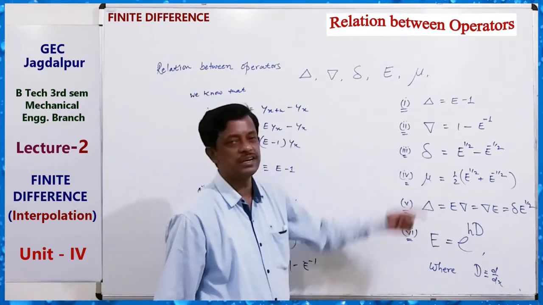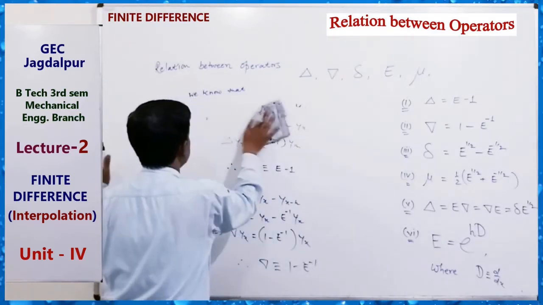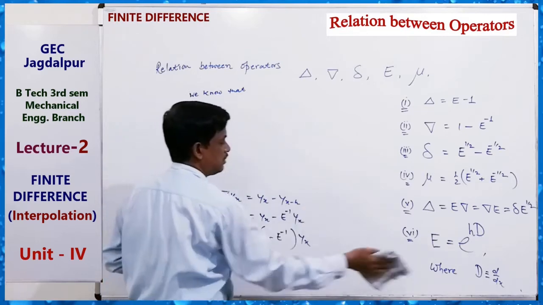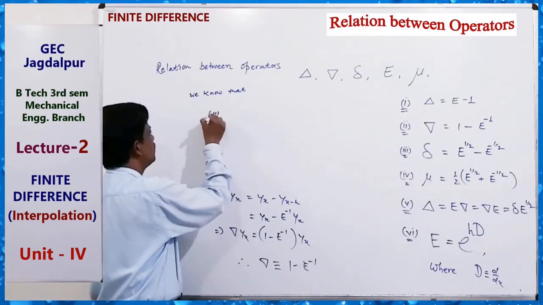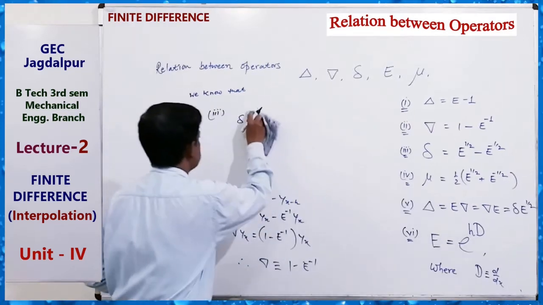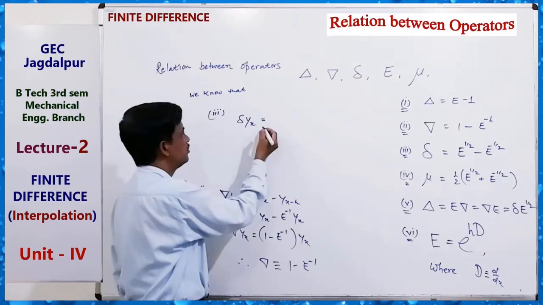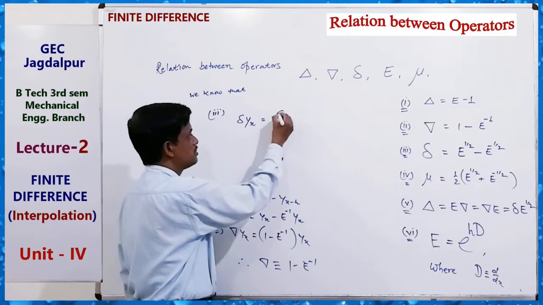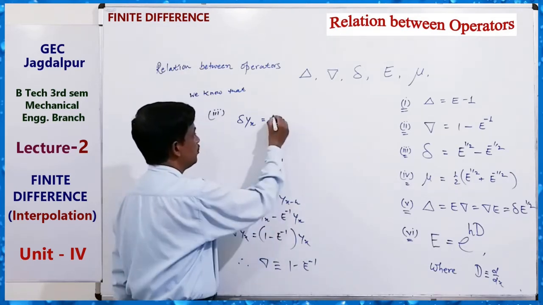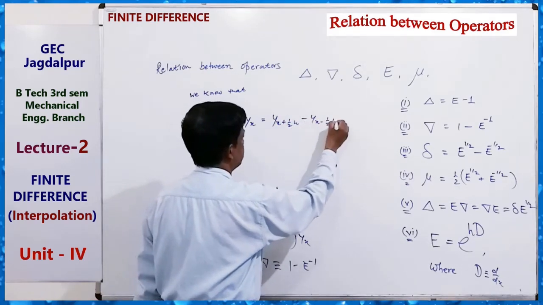This is from the definition of the central difference operator. Third number: the central difference of the function yx. Central difference δyx equals y(x plus half h) minus y(x minus half h).